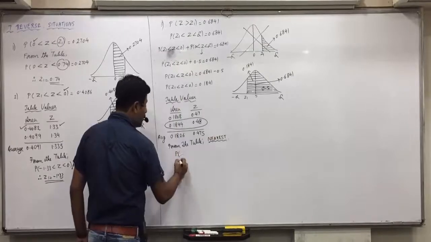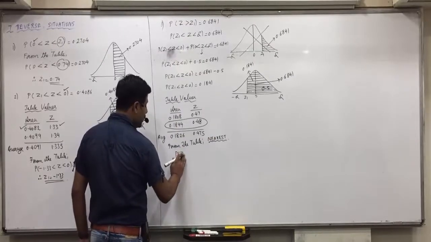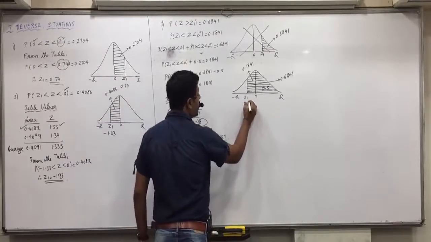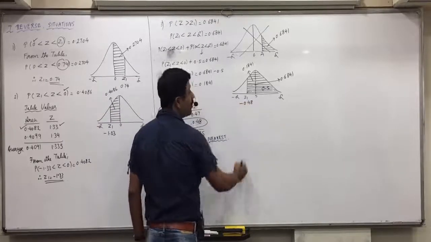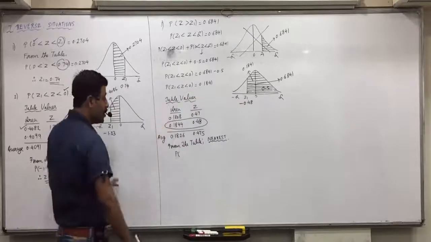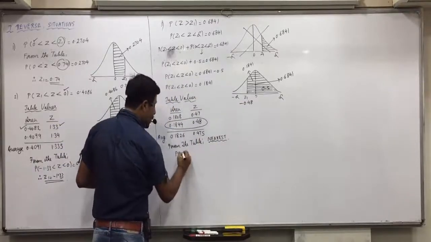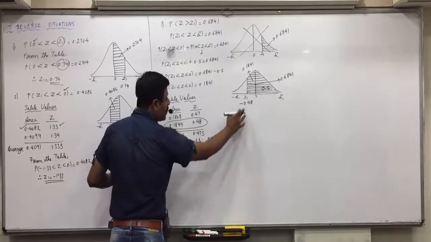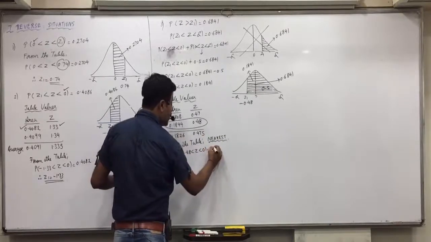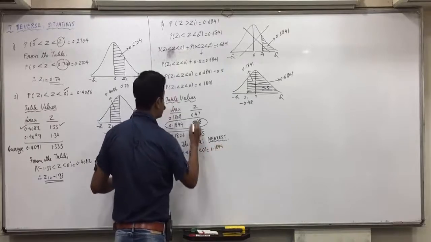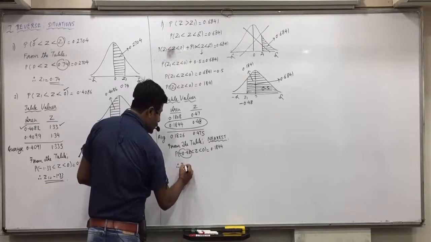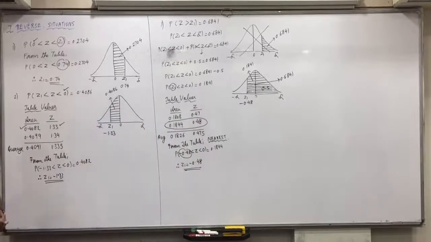I am just writing this word, P of Z1, sorry, here this 0.48 being on the left side would be positive or negative? Negative. So from the table, P(minus 0.48 less than Z less than 0) is coming to 0.1844. This is the nearest. So Z1 we will take as minus 0.48. Did anyone understand this? Completed.